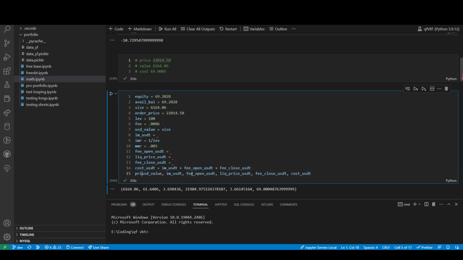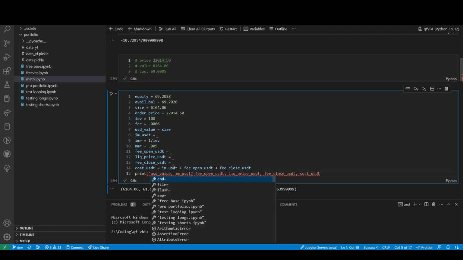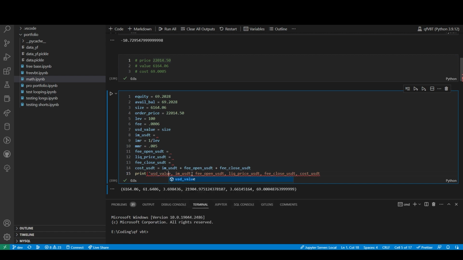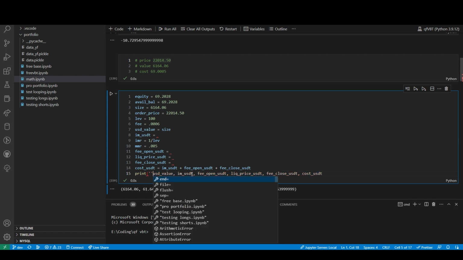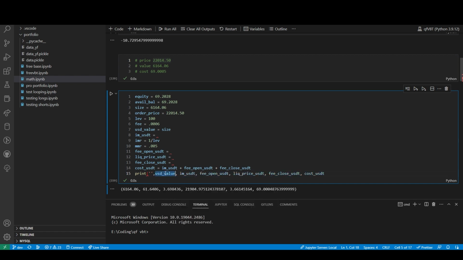Boy, oh boy. Print USD value. So say equals. Then we'll come to the end of this.